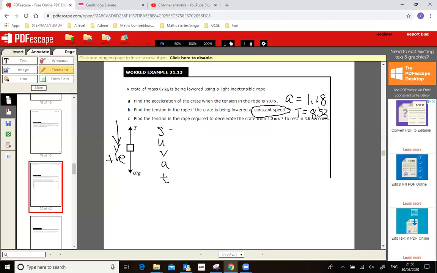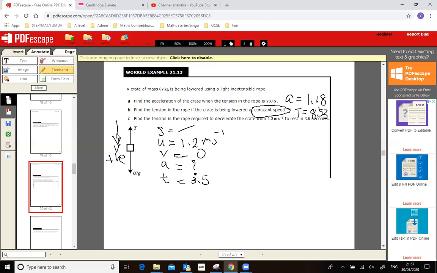Do I know s? Not really, cross it out. Do I know the initial velocity? Yes, it starts being lowered at a speed of 1.2 meters per second. Do I know the final velocity? Yes, 0. And do I know the acceleration? Not really, but we could work it out because we have also been given the time, which is 3.5 seconds.